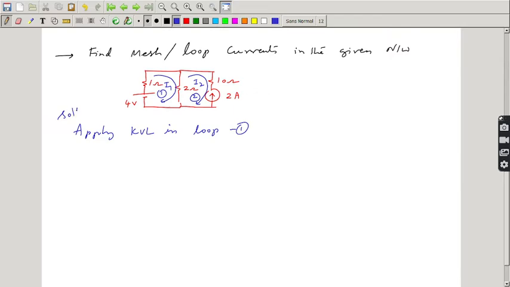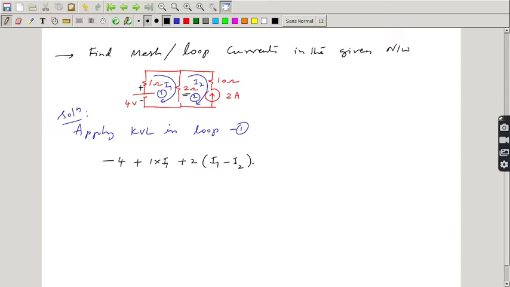Here you can write minus 4 plus 1 into I1, and the 2 ohm resistor, which is common to the two loops, gives plus 2 into (I1 minus I2).